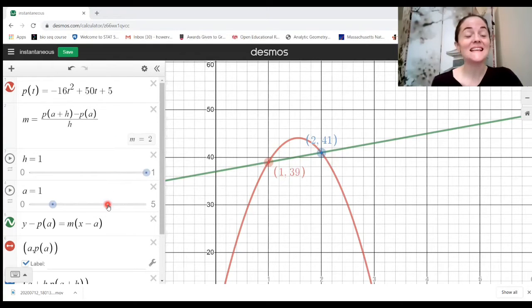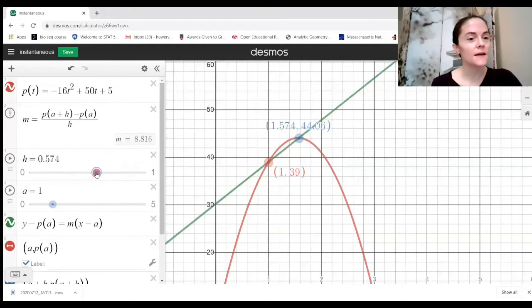Okay? Now, the question: what's the instantaneous rate of change? Or in this case, because we're working with a position function, it would be instantaneous velocity at t equals 1. We want to let this h, which right now has value 1, get very, very close to 0, and we see what value the difference quotient approaches. So let's go ahead and start doing that.